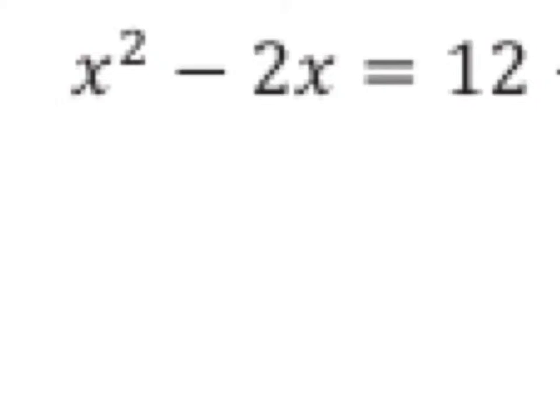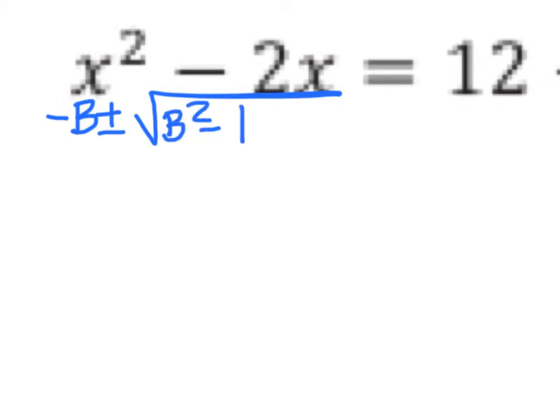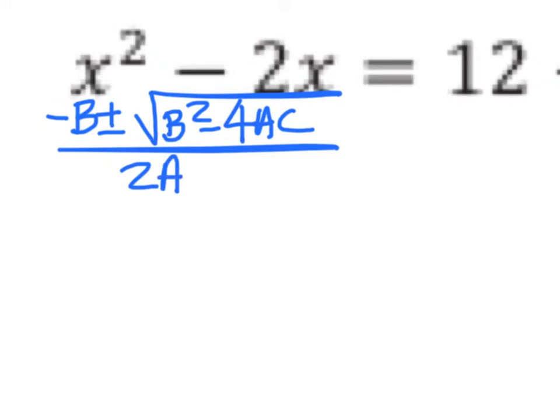We just found the quadratic formula to be negative b plus or minus the square root of b squared minus 4ac. All of that over 2a. And with that formula, you are going to solve the problem of x squared minus 2x equals 12. You must have it in the proper form: ax squared plus bx plus c equals 0.